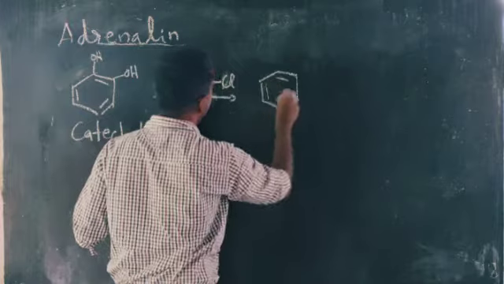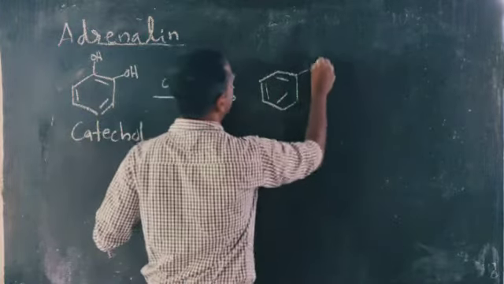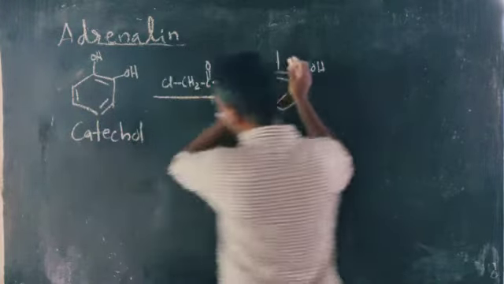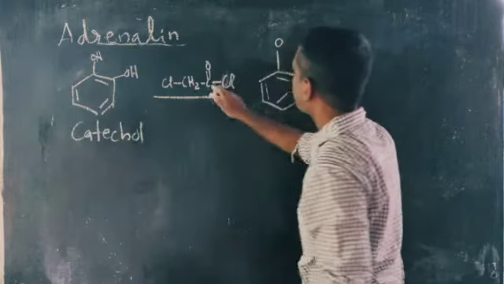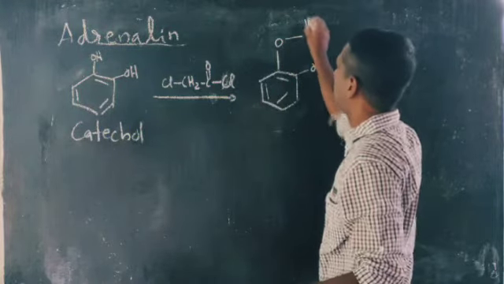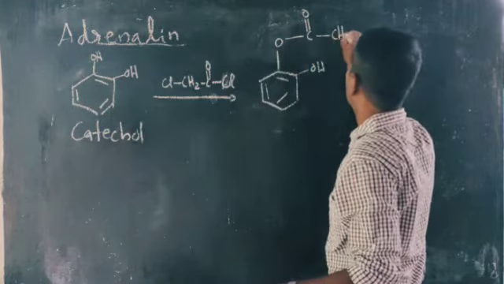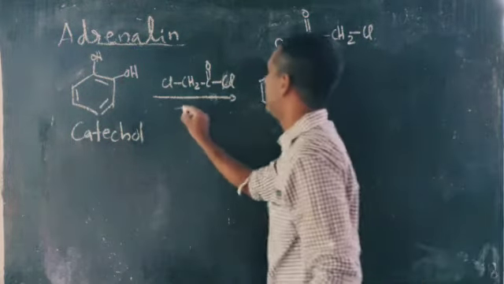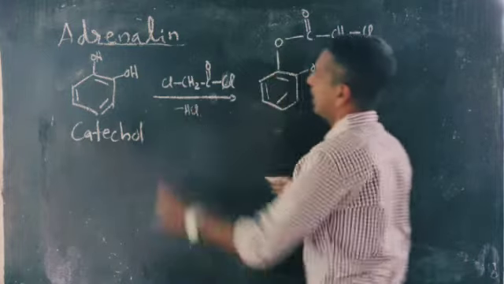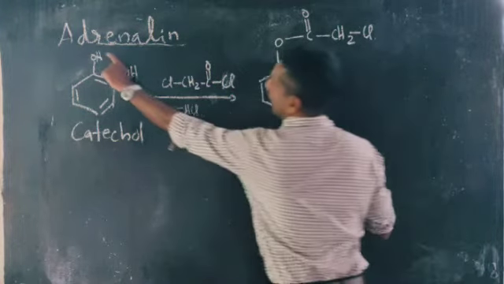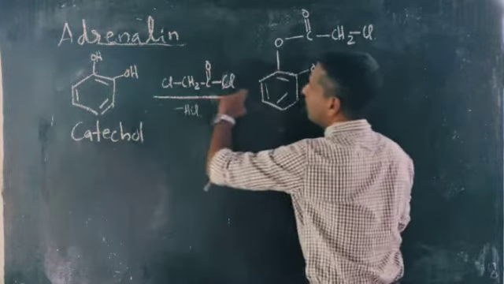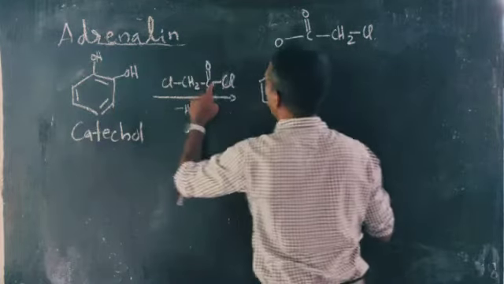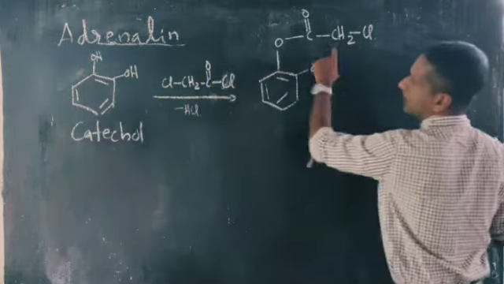Here it is like this, and here it is OH, and here it is O, C double bond O, CH2Cl, minus HCl. Look at it here, this Cl and HCl is removed, and O is joined with COCH2Cl.